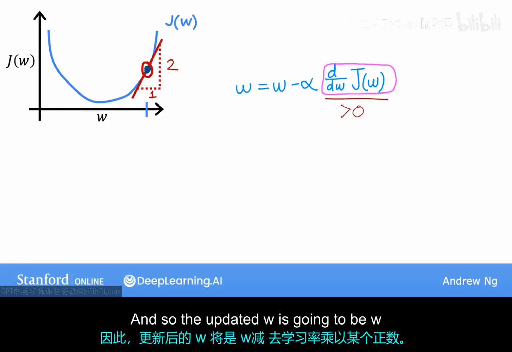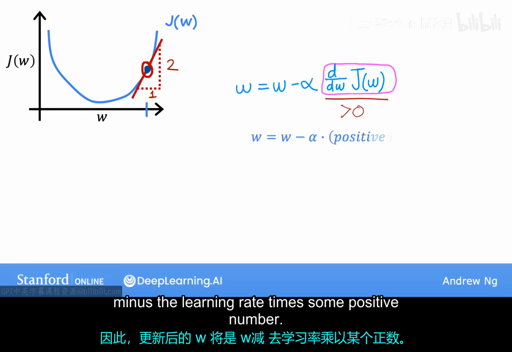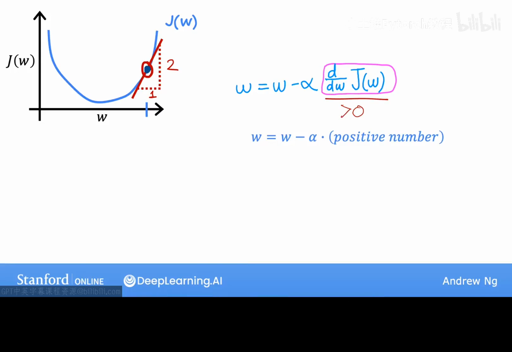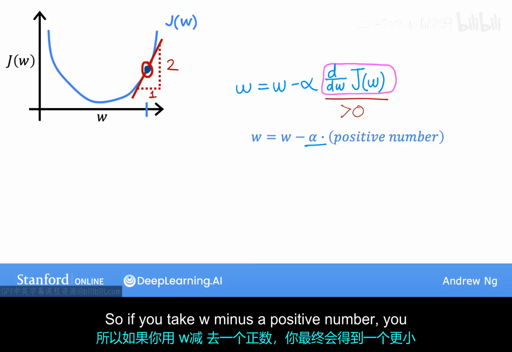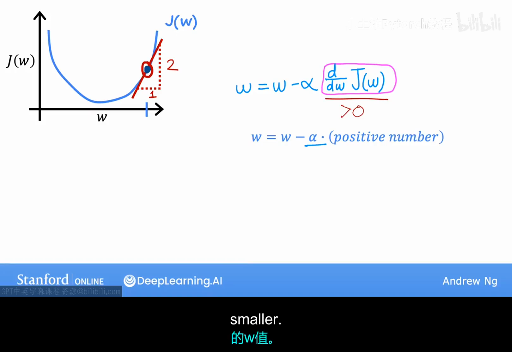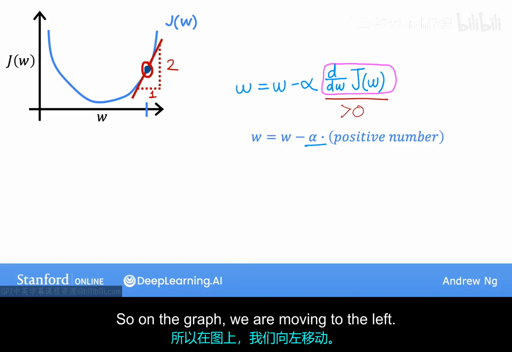And so the updated w is going to be w minus the learning rate times some positive number. The learning rate is always a positive number. So if you take w minus a positive number, you end up with a new value for w that is smaller. So on the graph, you are moving to the left.